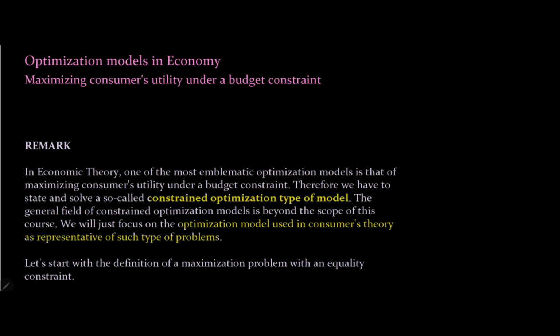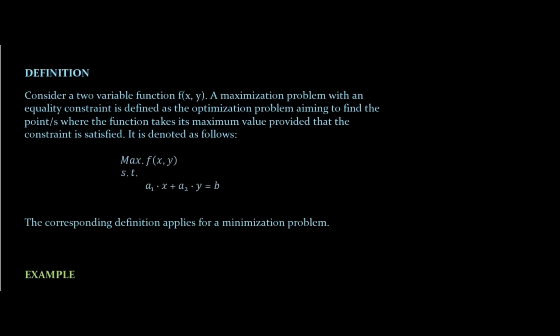Let's start with the definition of a maximization problem with an equality constraint. Let's consider a two-variable function f(x,y). A maximization problem with an equality constraint is defined as the optimization problem aiming to find the point or points where the function takes its maximum value, provided that the constraint is satisfied.